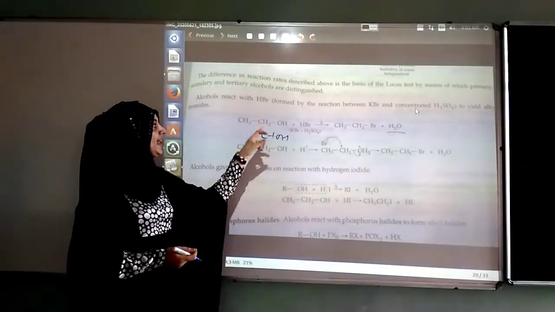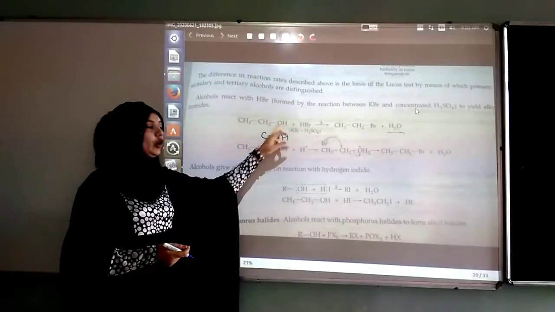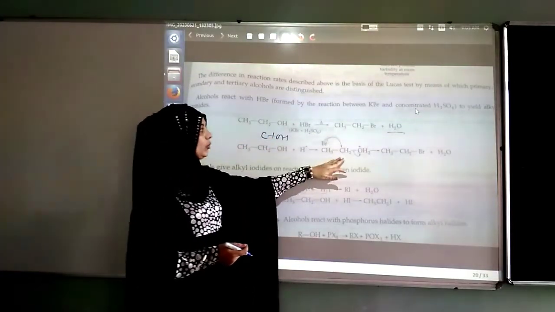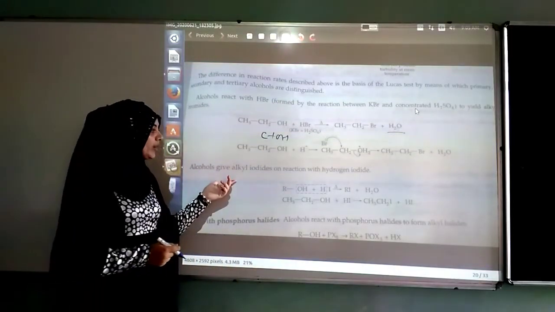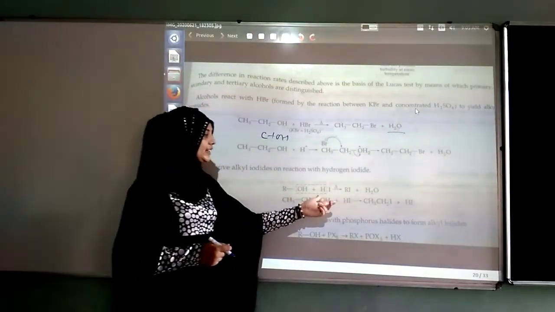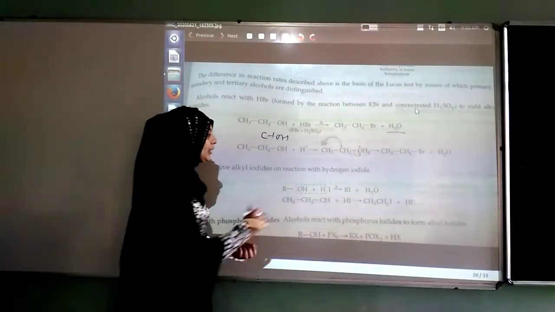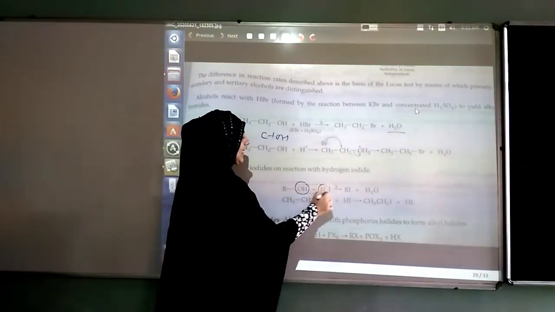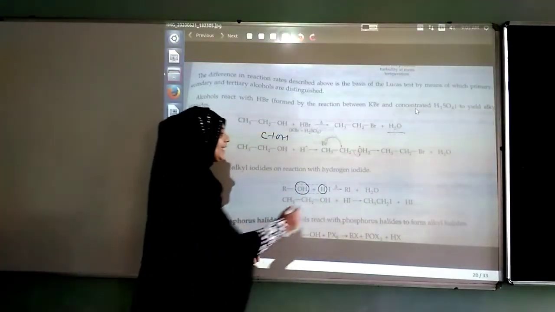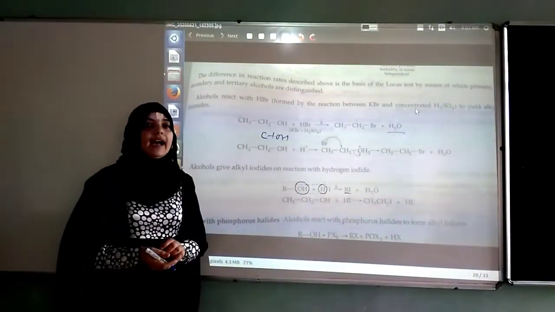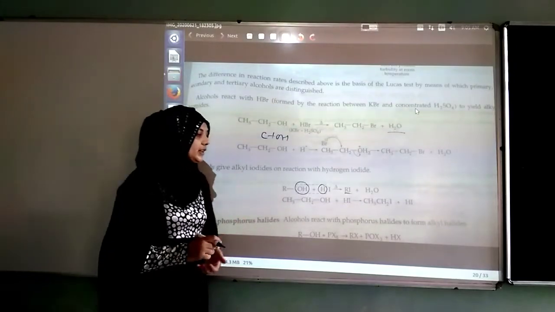Your bromine will be attached at the place of your OH, which is shown with the mechanism also. Also, it is going to take place with hydrogen iodide. Again, you have to remember, OH will go with the hydrogen, coming out as a water molecule, and in its place you will have the iodide product as a result.